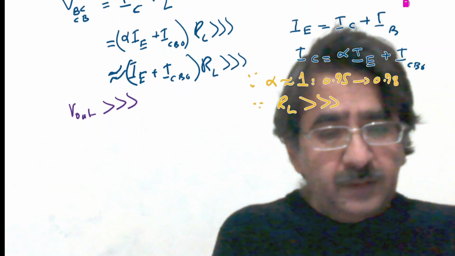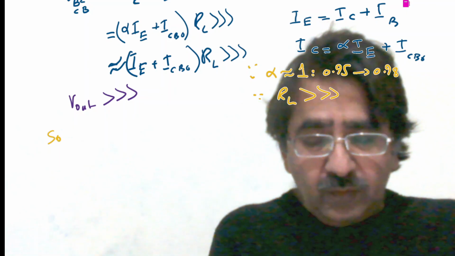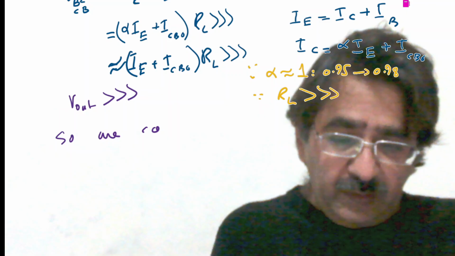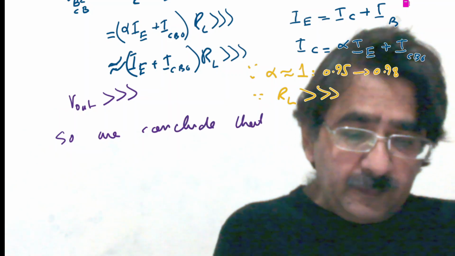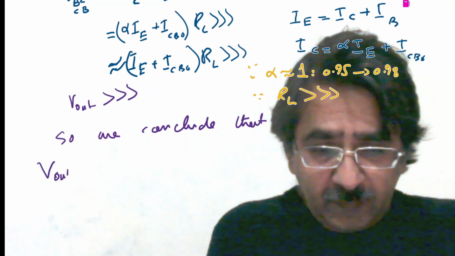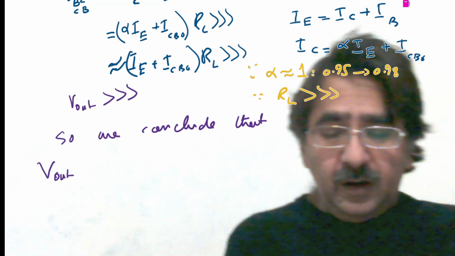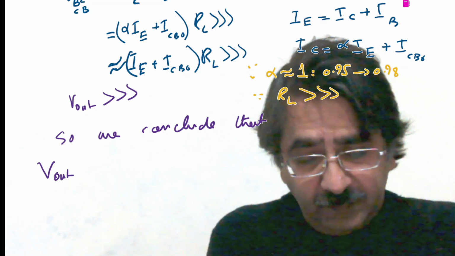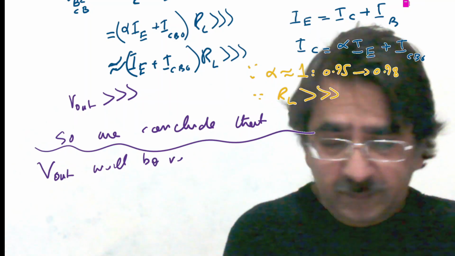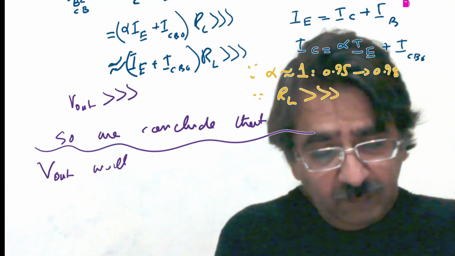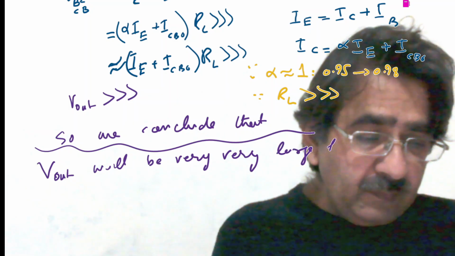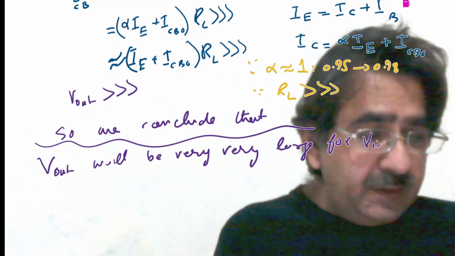So what is the conclusion? We conclude that V out will be very, very large for V in small.